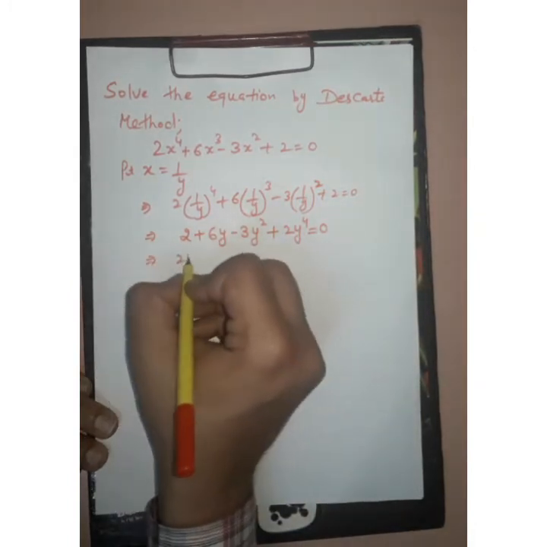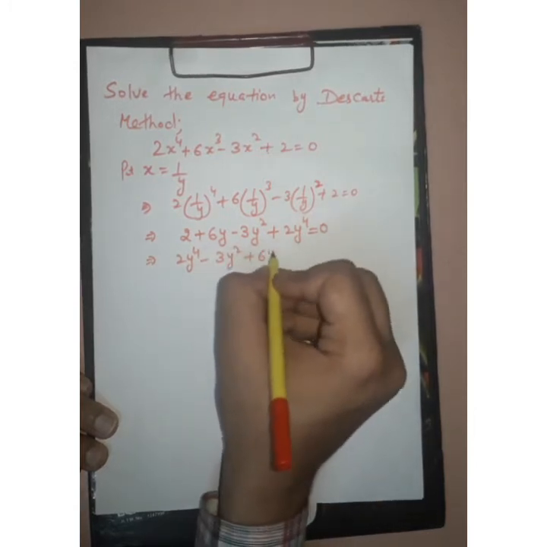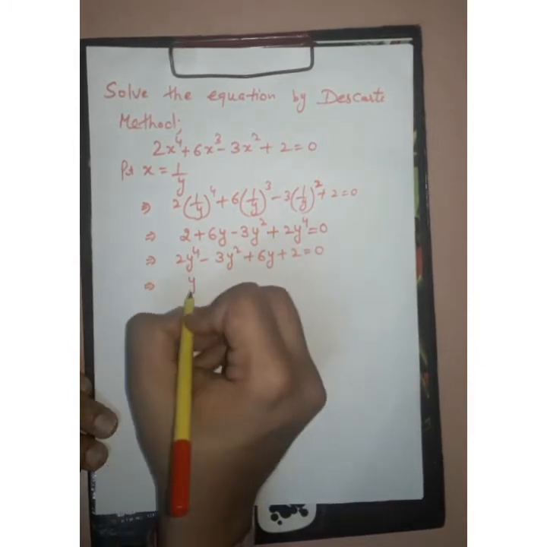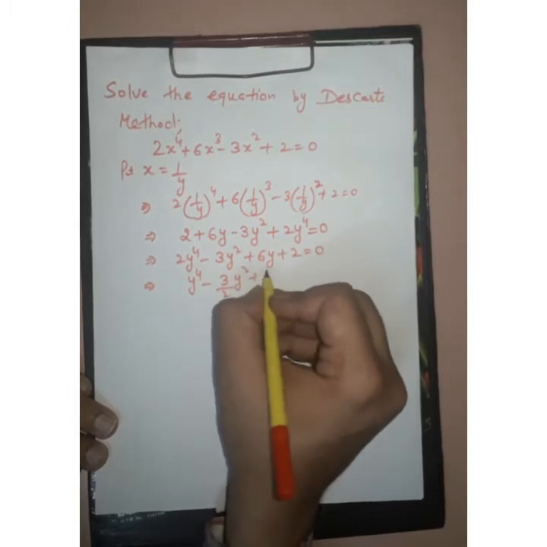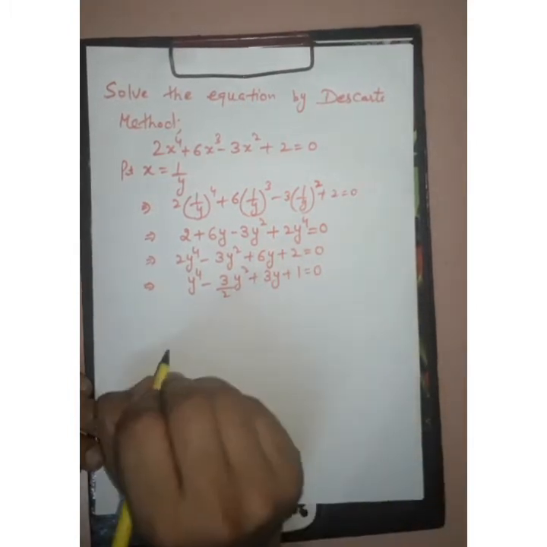That means 2y4 minus 3y square plus 6y plus 2 is equal to 0. After dividing by 2, y4 minus 3 by 2 y square plus 3y plus 1 is equal to 0.